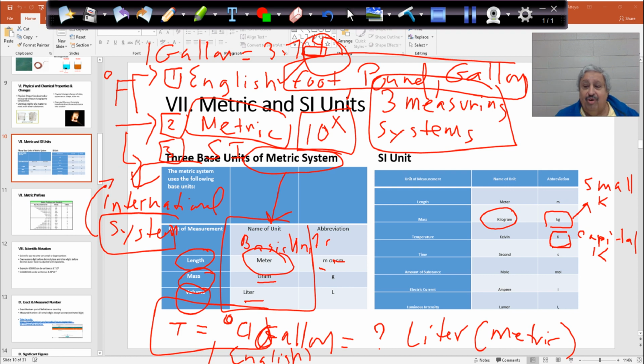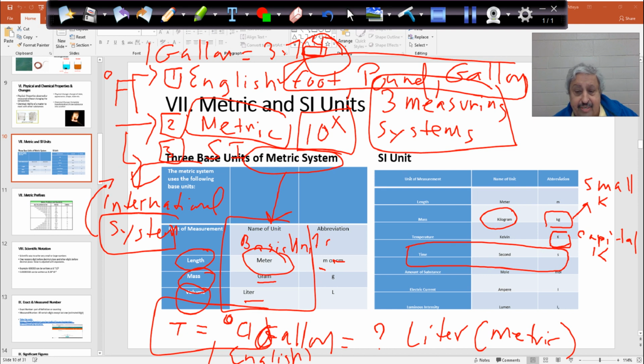The only thing that all three systems share is time. The basic unit of the metric, English, and SI is the second, a small s. So whether you are in metric, English, or SI, the time has to be the same basic unit, the second, correct?